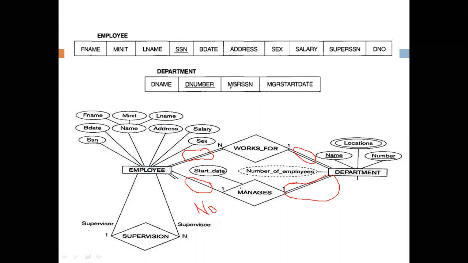That is, a minimum of one employee must be present in a department. So all the departments will have employees, and all the employees should work for one or the other department. So from both sides, it is total participation.